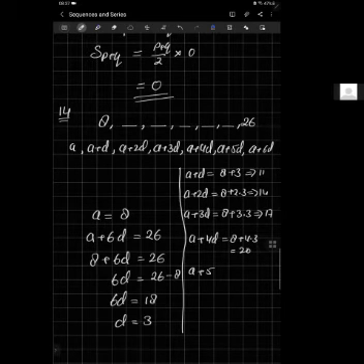A plus 5D, 8 plus 5 into 3, 23. So the terms which we were supposed to insert are 11, 14, 17, 20, and 23. These are the 5 terms to insert between 8 and 26 such that the resulting sequence remains an arithmetic progression.